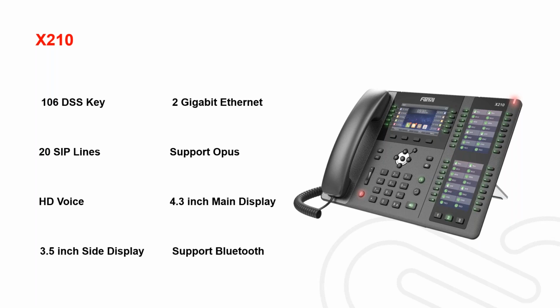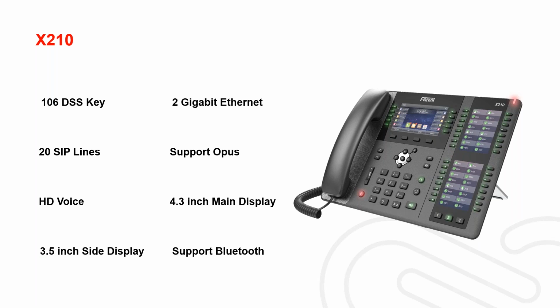Okay, the last new phone is the X210. Actually, the X210 has been published for some time, but we keep improving the phone's software and some system functions to give the phones more features and more powerful functions for some users.